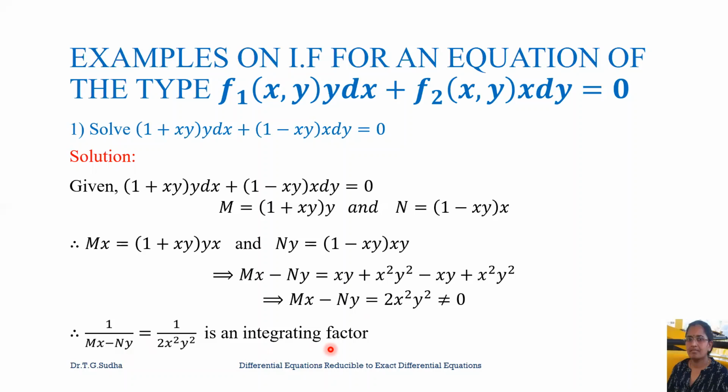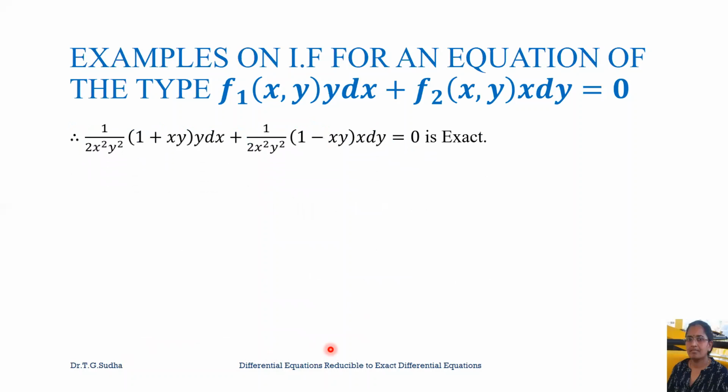Let us multiply the given differential equation by this integrating factor to get 1 over 2x²y² into (1 + xy) y dx + 1 over 2x²y² into (1 - xy) x dy = 0, and this becomes exact.